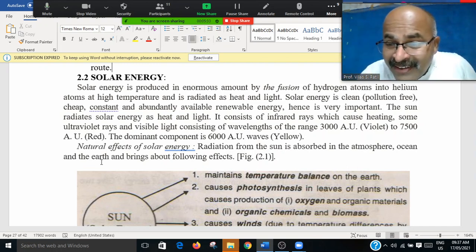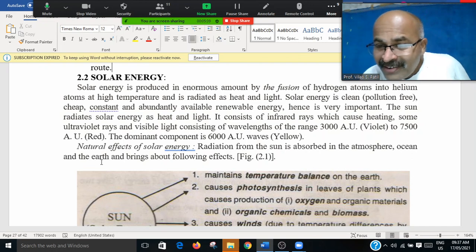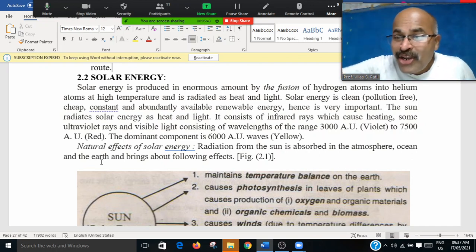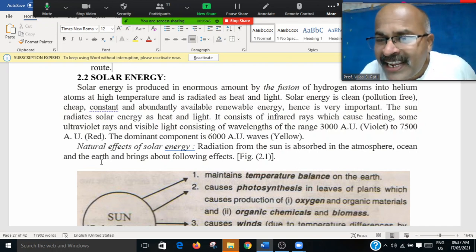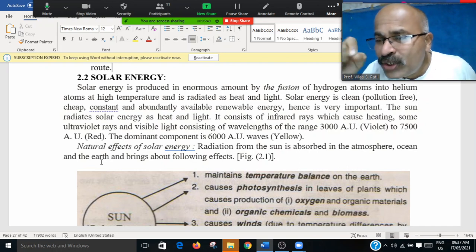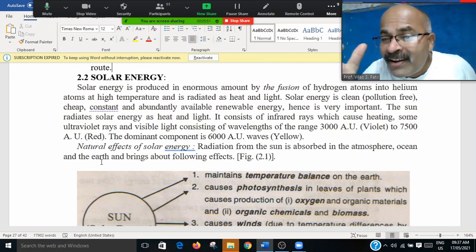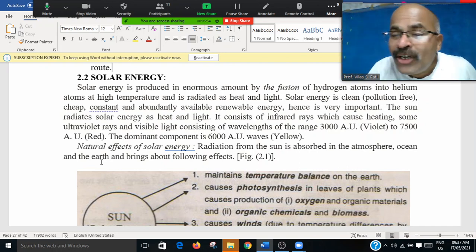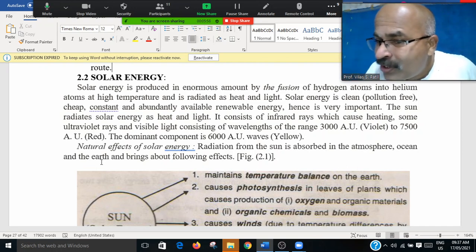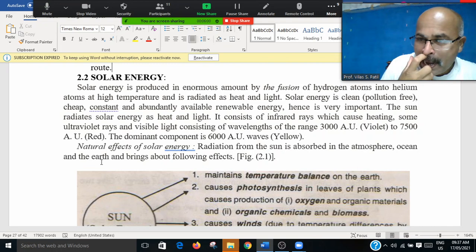That light contains the spectrum that will be the visible, ultraviolet, as well as the infrared rays. The infrared rays cause the heating effect. Visible rays are used for the vision of the human being or all the animals. सगळ्या ॲनिमलला पाहण्यासाठी जेवढा प्रकाश लागतो, that will be the visible range.